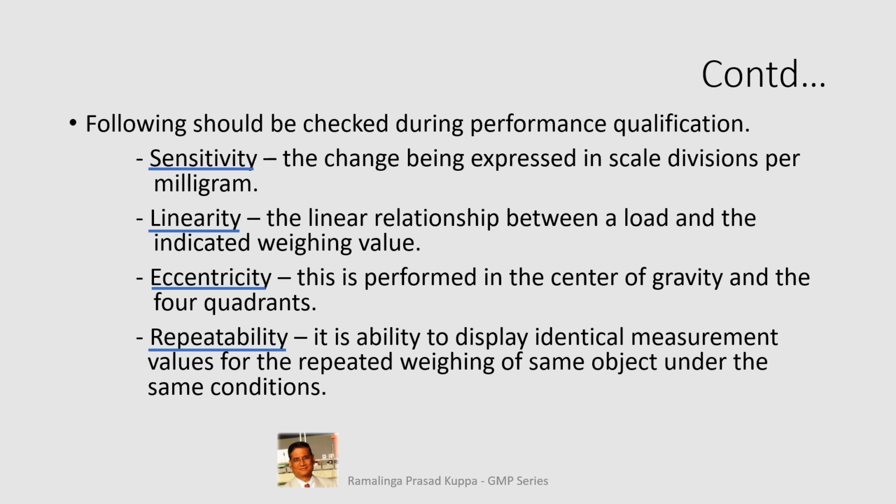Repeatability is its ability to display identical measurement values for the repeated weighing of the same object under the same conditions. Repeatability should be carried out as per the prescription of calibration by taking 10 consecutive weights.